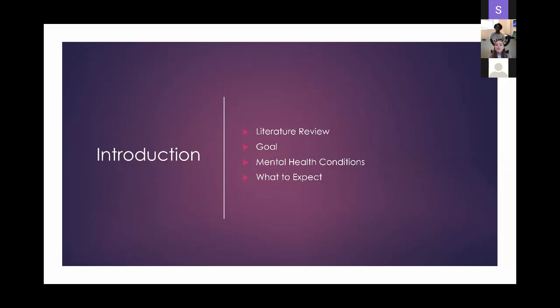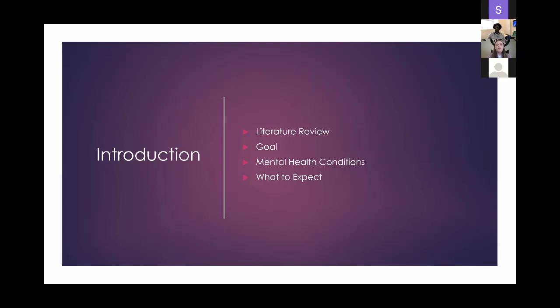The mental health conditions that I primarily focused on were anxiety and depression. I have a few other conditions, but those are the ones that I mostly address, as those are the most researched in this field.